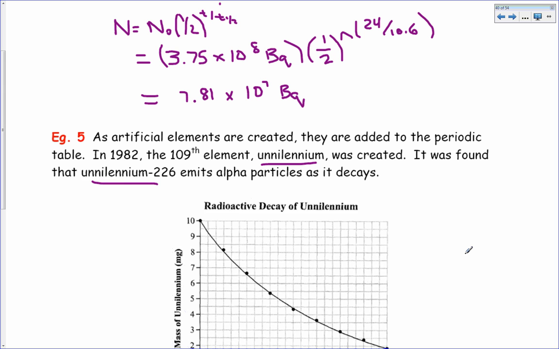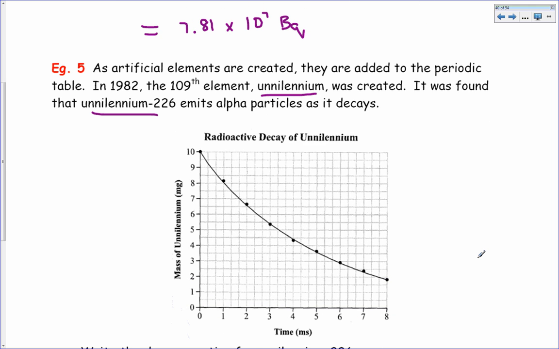So first of all, I think that on your periodic table, element 109 actually has a proper name now. I'm just seeing if it's in the Science 24 one, because that's the only other. Oh, here it is. It's meitnerium. Okay, so you can use this if you want, or you can use the unilenium.